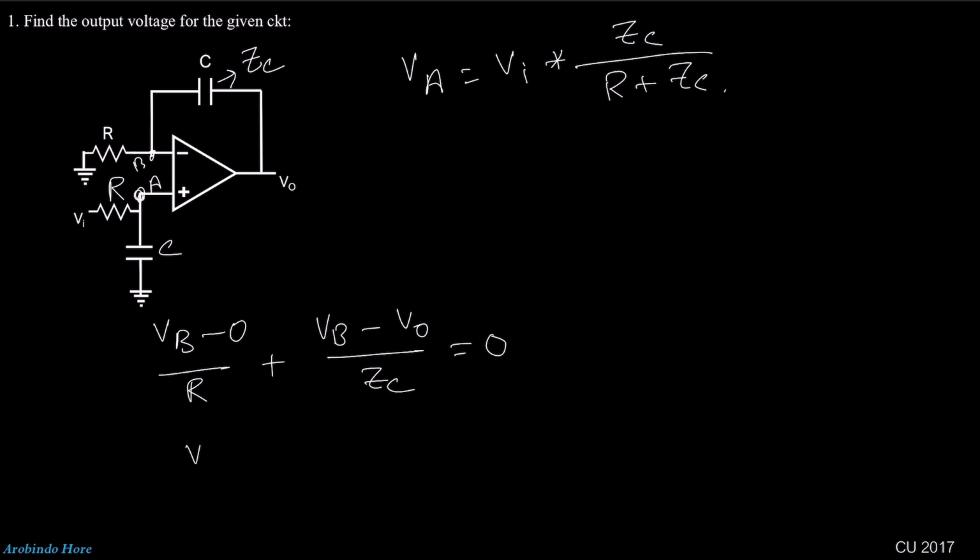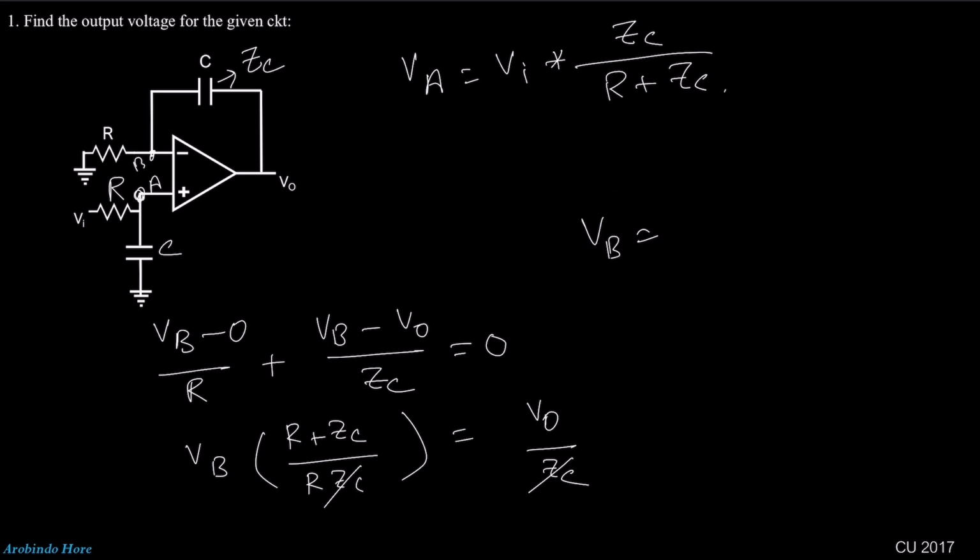That means VB into (R plus ZC) over R ZC equal to V output divided by ZC. Okay? So ZC cancels. We can write down VB equal to V0 multiplied by R divided by (R plus ZC).